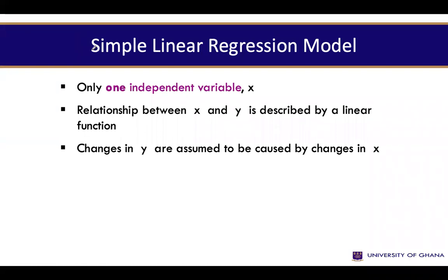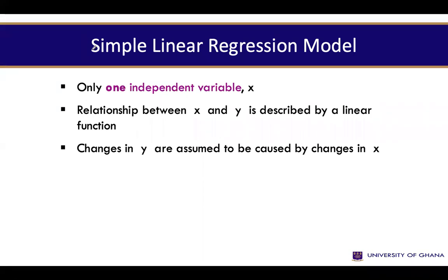Perhaps next semester, when you are doing your research methods, you would undertake some practical examples and you would be doing more of multiple linear regression models, right? Which is more fun than the simple linear regression model. So that is it. We will be dealing with one dependent variable and then one independent variable.